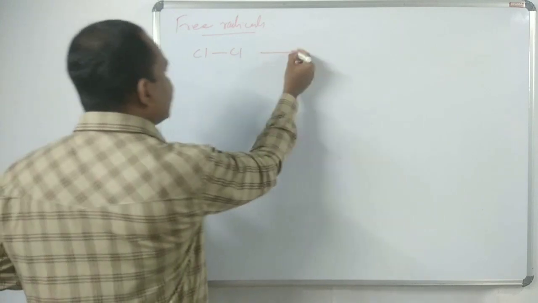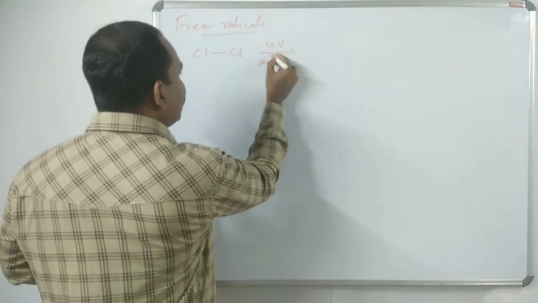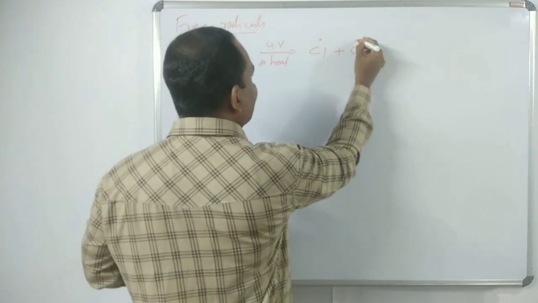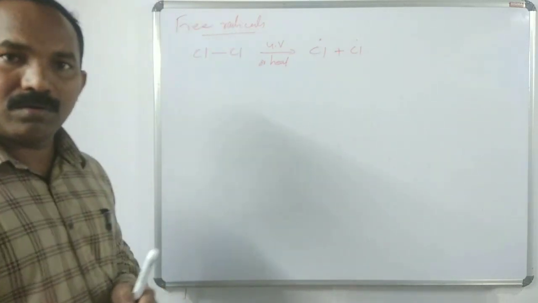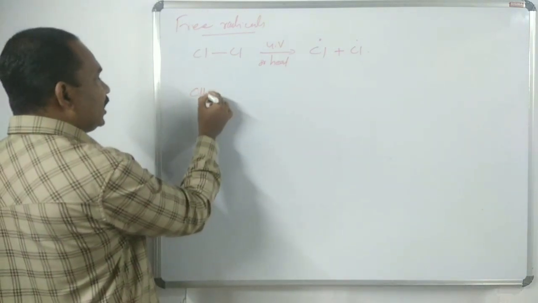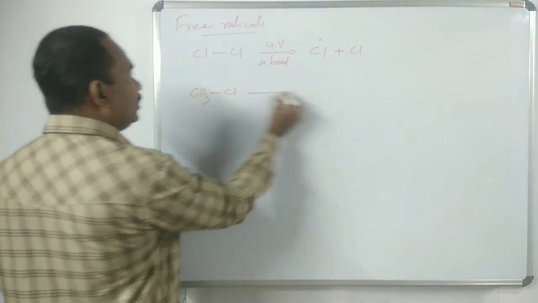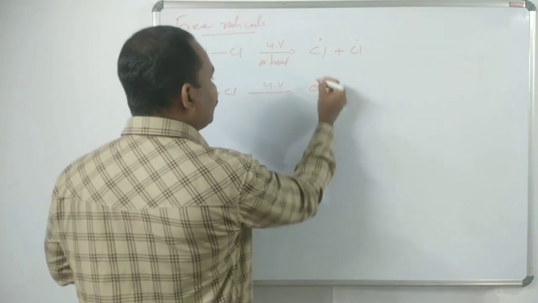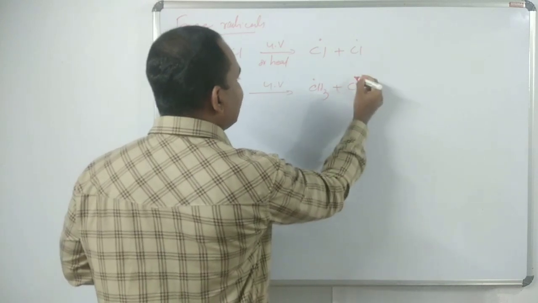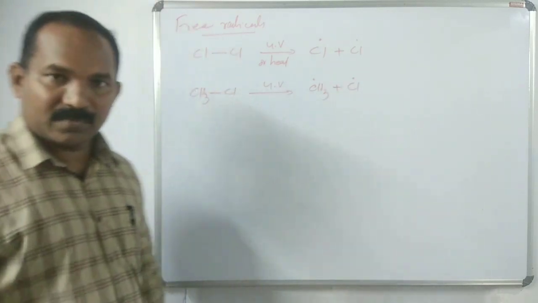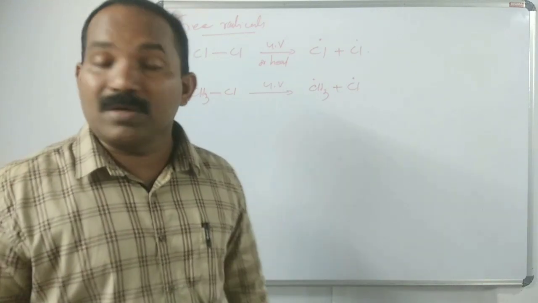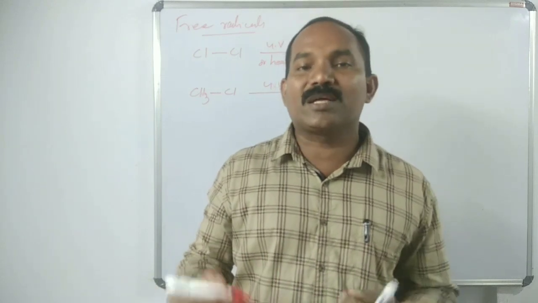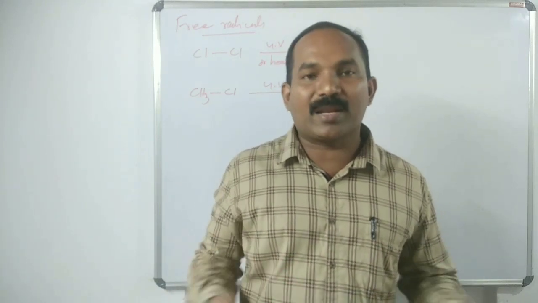For example, Cl2 in the presence of UV or heat forms Cl free radical plus Cl free radical. Similarly, CH3Cl in the presence of UV light or heat gives CH3 free radical plus Cl free radical. So free radicals are also attacking reagents. Are you clear? Yes.